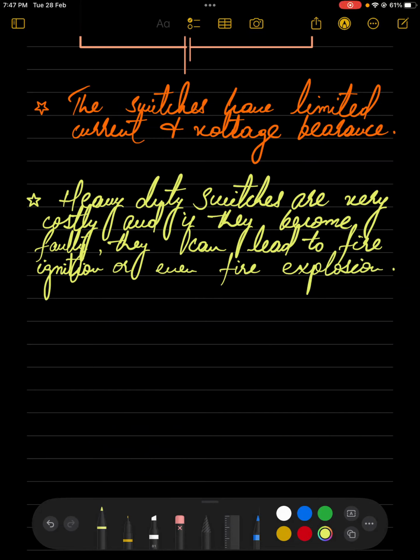Now the thing here is that if we are using a heavy duty switch, the first problem with them is that they are very costly.